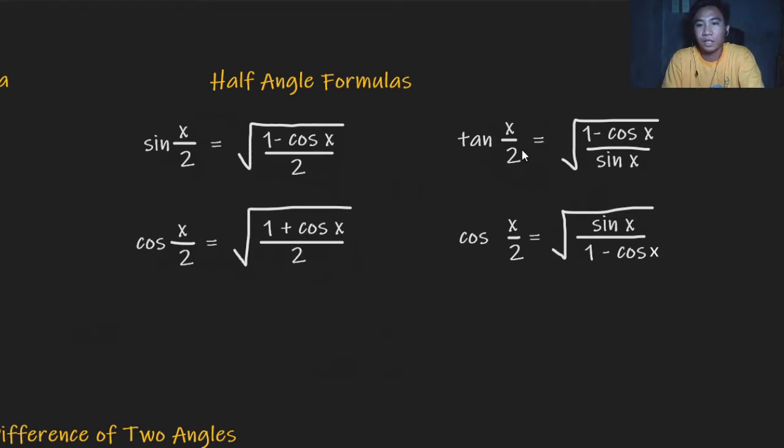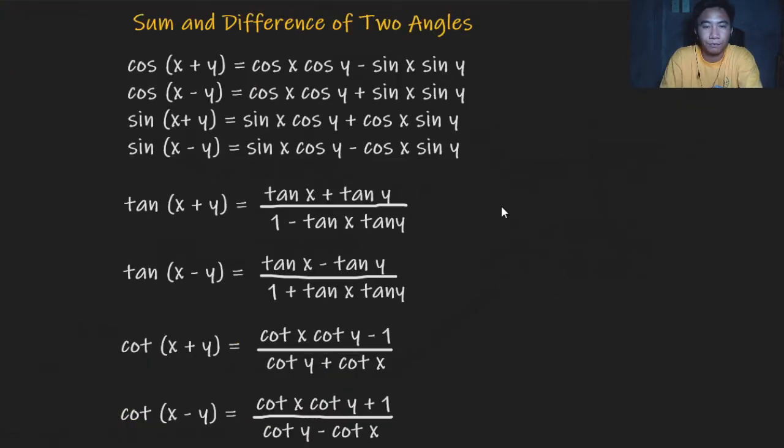And then tangent x all over 2 is equal to 1 minus cosine x all over sine x. Then cotangent x all over 2 is equal to sine x all over 1 minus cosine x. So, ito naman yung sa sum and difference of two angles.